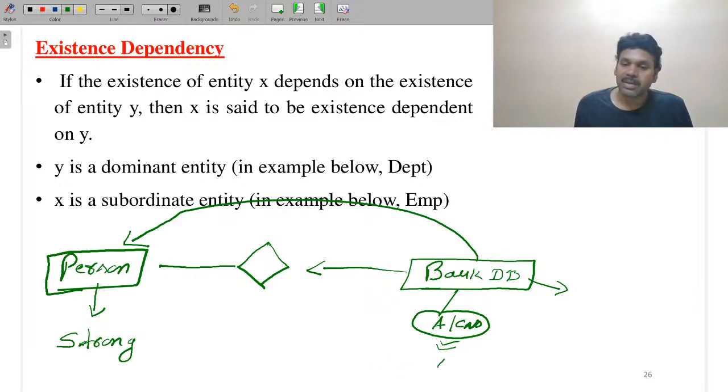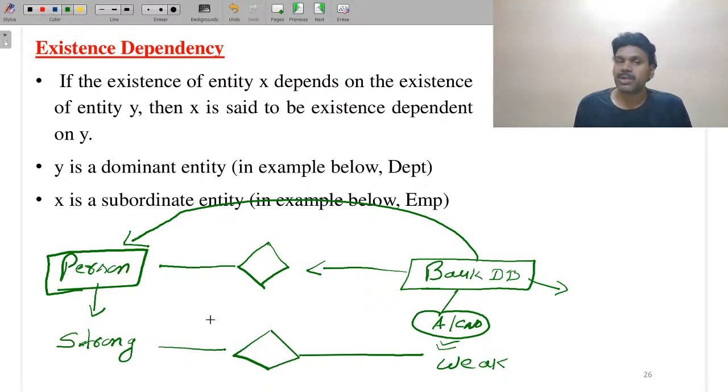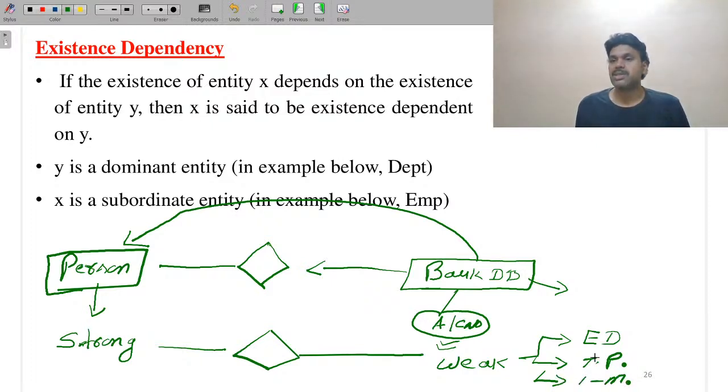This is called a weak representation. And this is done with the help of three important things. One, this representation can be done using existence dependency. This representation also can be done using total participation. This representation also can be done using a one-to-many relationship.